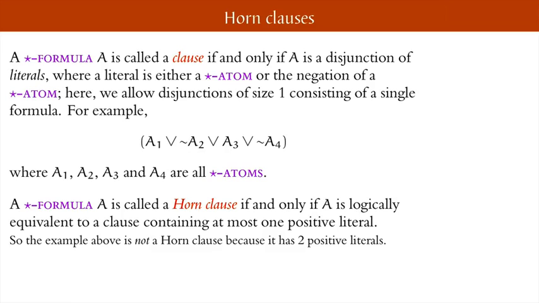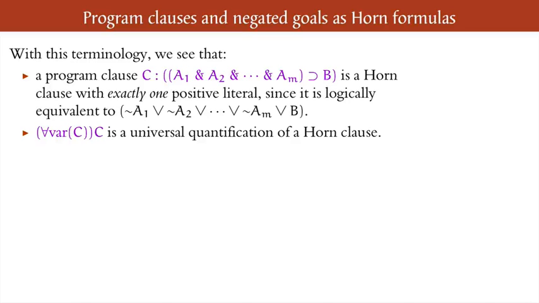So the example shown here is not a horn clause because it has 2 positive literals. With this terminology, a program clause is a horn clause with exactly 1 positive literal, while the negation of a goal is a horn clause with 0 positive literals, which means all negative literals. The formula in option A in the last exercise illustrated this.